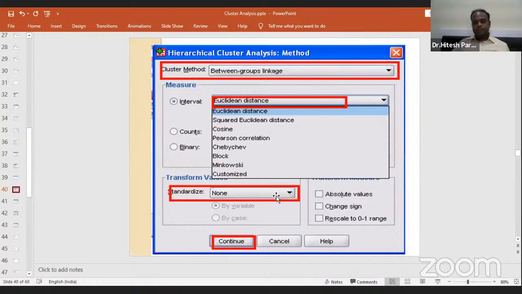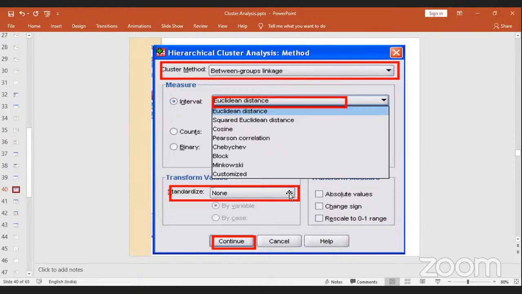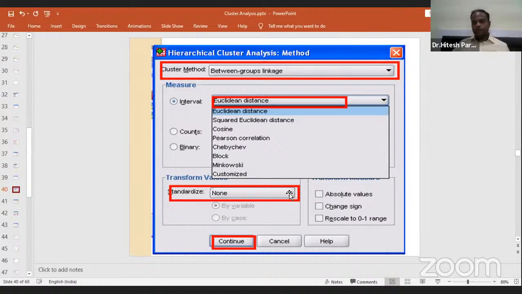You just click here, standardize, and then you will observe Z score. So select Z score in standardization. When do we need to select it? When we have different kinds of scales. At that time, we will select Z score.